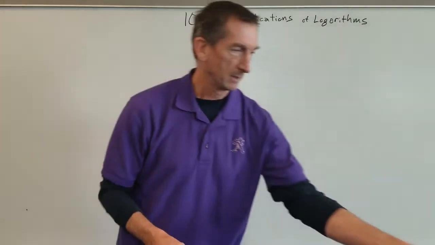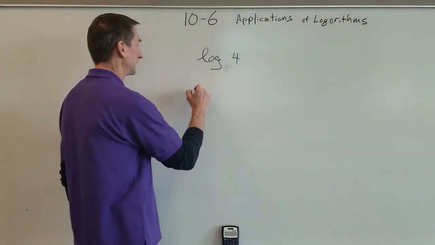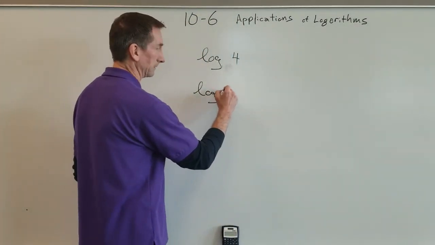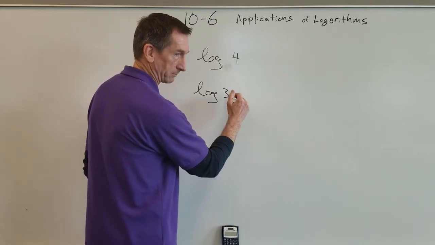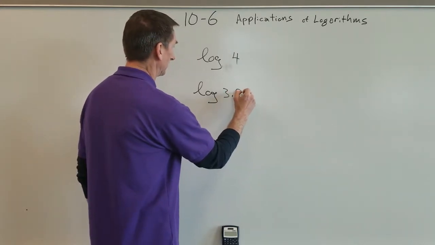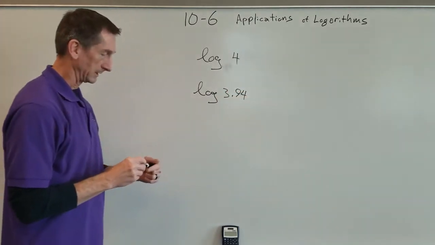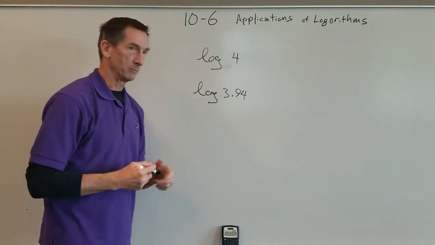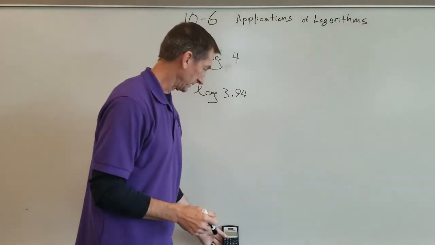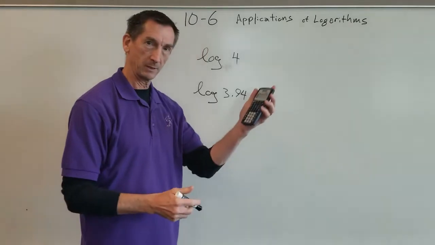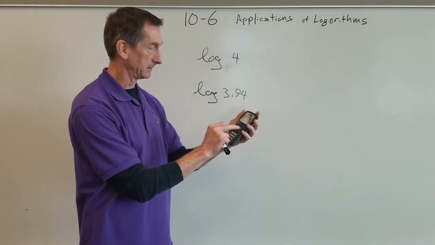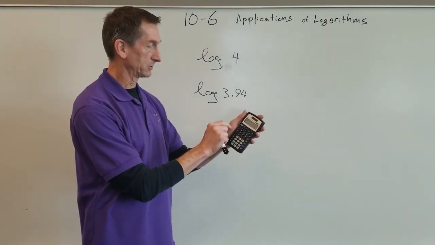Okay, so suppose I need to calculate log 3.94. There's a number of ways to do it. The best way, of course, the easiest way, is to pick up your calculator and turn it on and just push the log button.